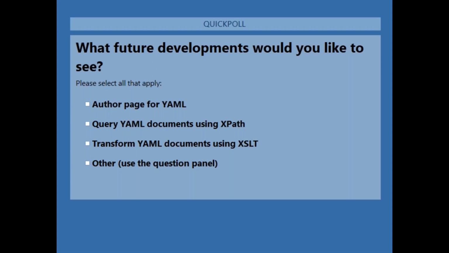So either the author page, maybe it's important for you, or querying, or maybe transforming YAML documents, or maybe you want support for other frameworks, and you can send us this in the questions panel, or you can send us through an email. We are interested in your feedback and how you are editing your YAML documents and what type of YAML documents you intend to edit. So I'll leave this for a few moments so everyone will answer the question, then we'll share the results.